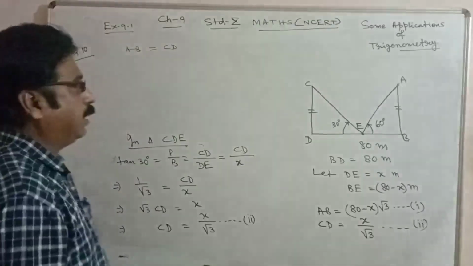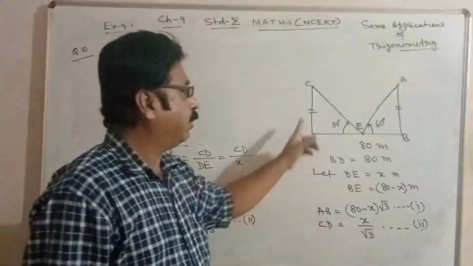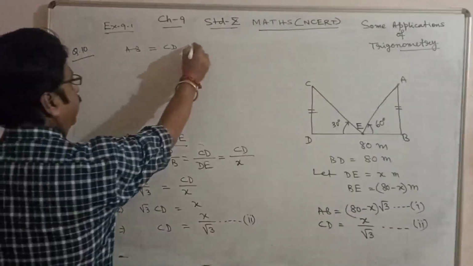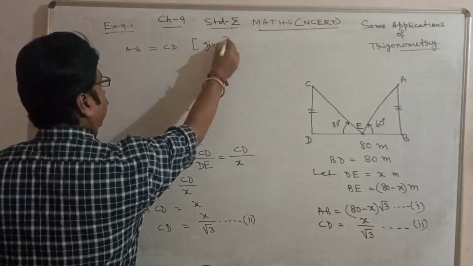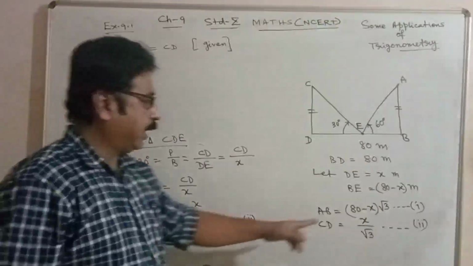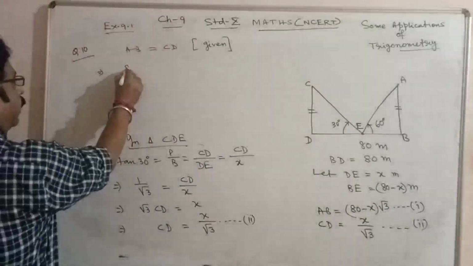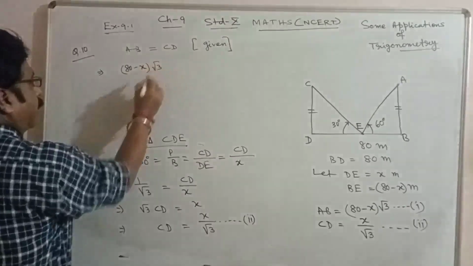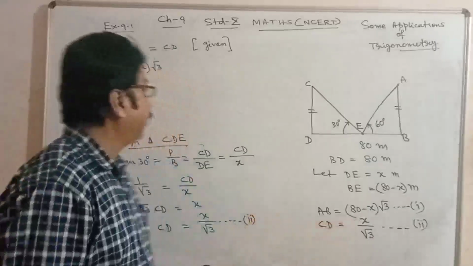AB is the height of one pole and CD is the height of another pole, both are of equal height. So AB equals to CD, it is given. In place of AB, we can write 80 minus x into root 3. And in place of CD, we can write x upon root 3.